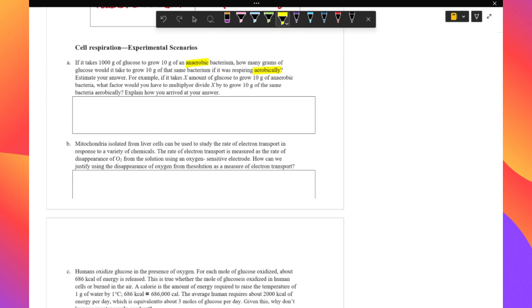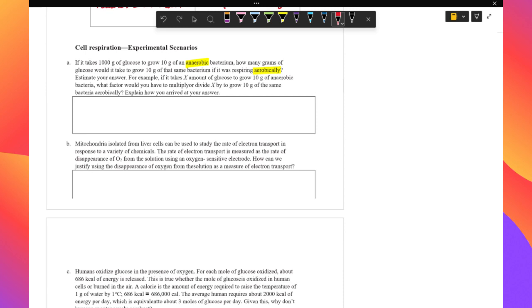Estimate your answer. For example, if it takes X amount of glucose to grow 10 grams of anaerobic bacteria, what factor would you have to multiply or divide X by to grow 10 grams of the same bacteria aerobically? Explain how you arrived at your answer.